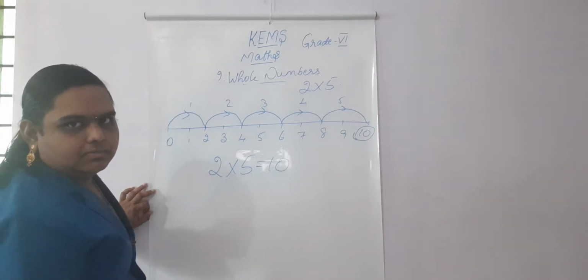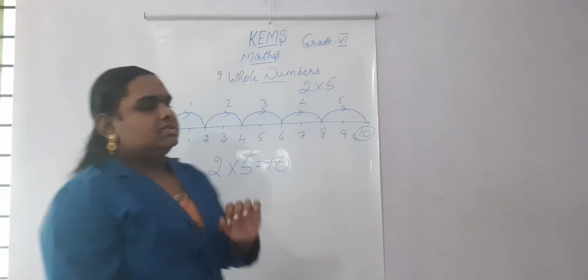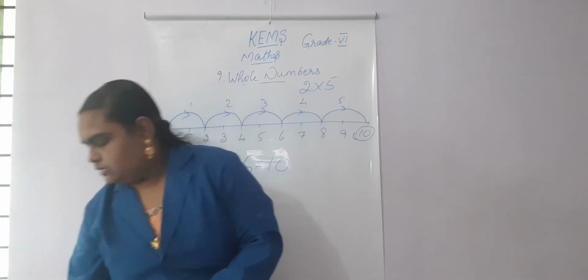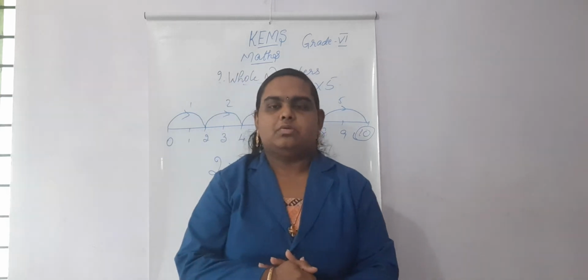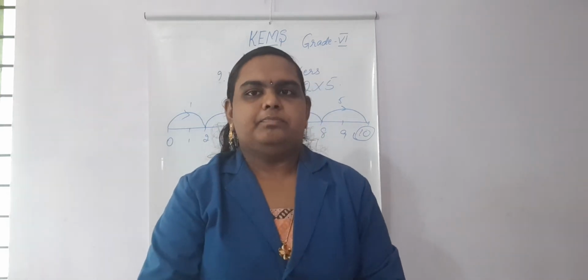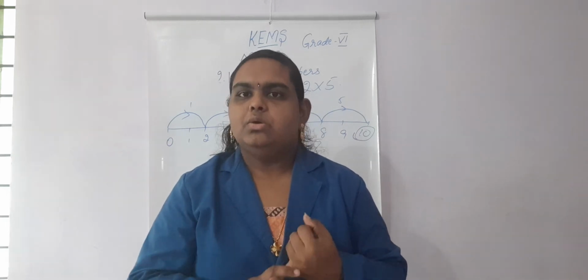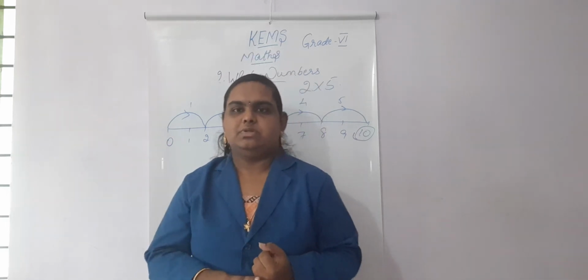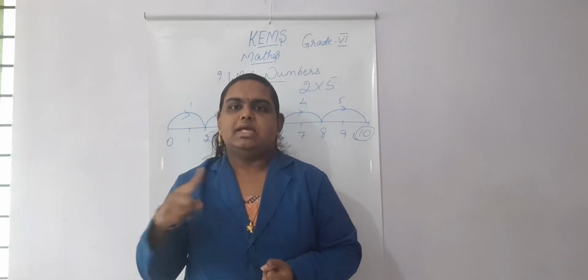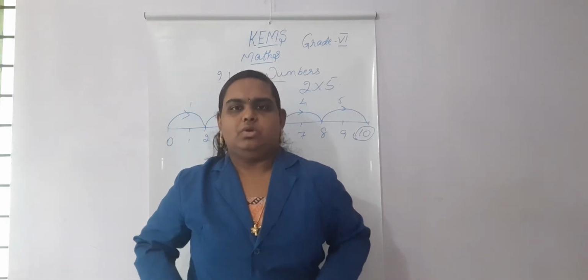Is it clear? Okay, this is what we learned today. First, the difference between natural numbers and whole numbers. The numbers that start with 1 are known as natural numbers and those that start with 0 are known as whole numbers.